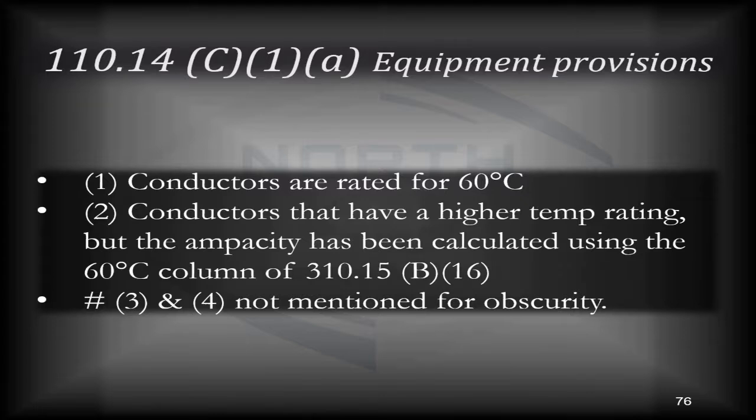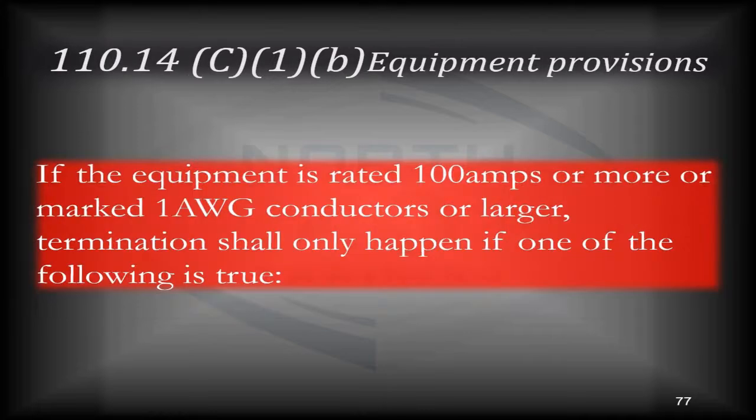If you wanted to know what they are, 3 says if the equipment is listed and identified for the conductors being used, and 4, if you've got motors with a design letter of B, C, or D, a temperature rating of 75 degrees Celsius is permitted provided the amp rating doesn't exceed the 75 degrees Celsius column rating of 310.15(B)(16). So very obscure rating there.